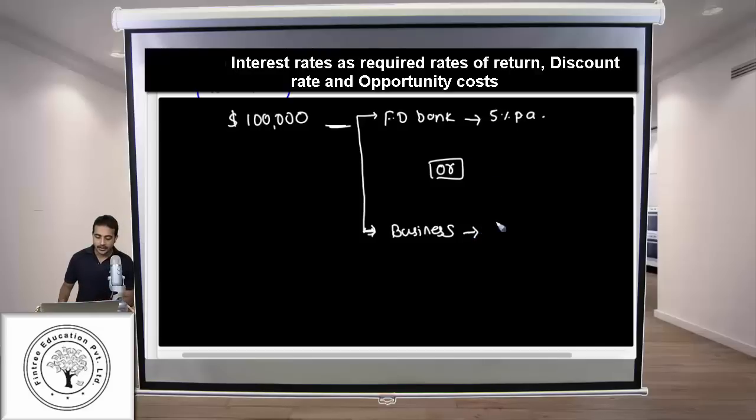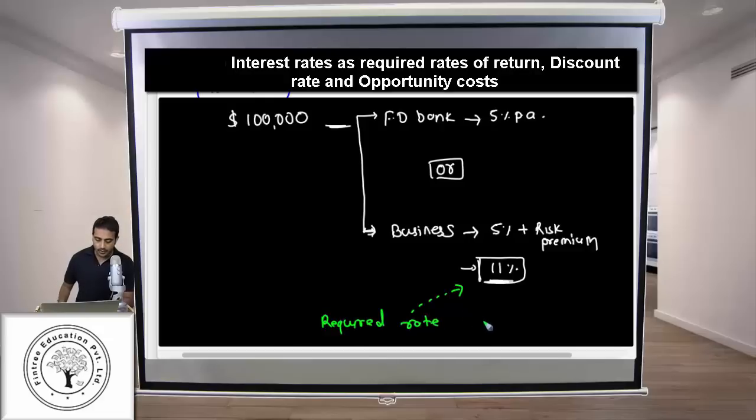So when you put that money into business, you will expect to earn 5% plus some additional risk premium. Correct? And that risk premium is a function of how risky your business model is. So more risky would be higher risk premium. So let us say this number comes out to be about 11%.